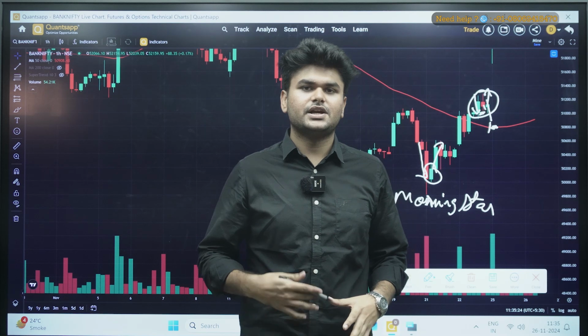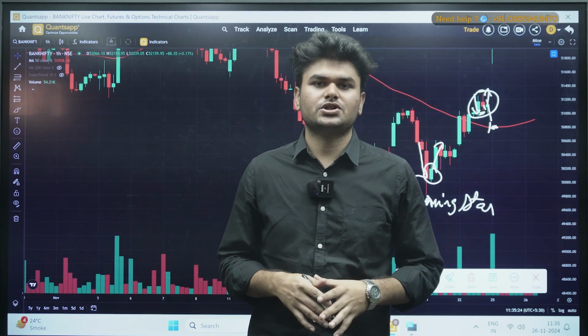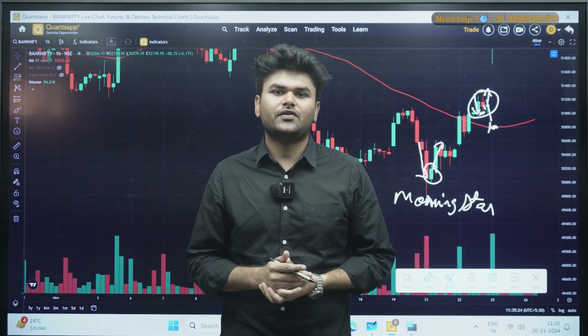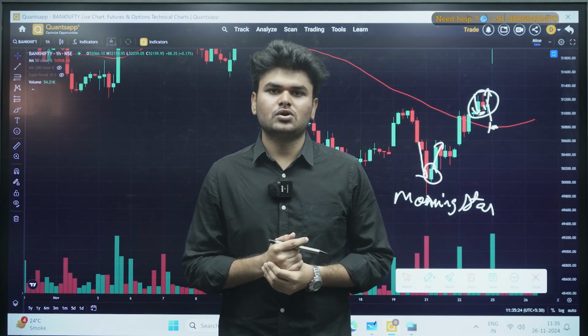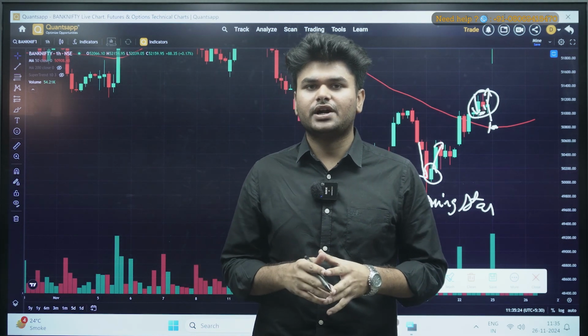So intraday or positionally, if you are initiating any kind of trade, candlestick indications will give you a good outlook, or a good entry point.